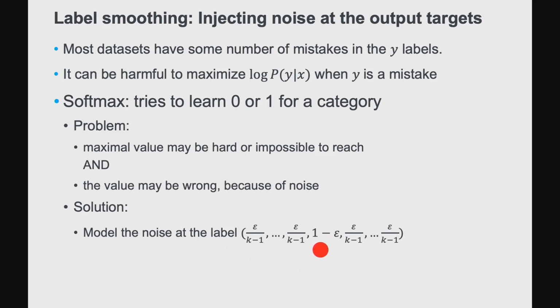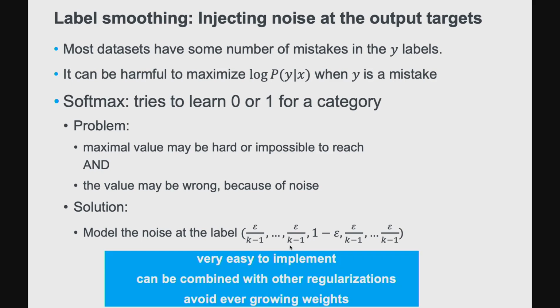So when someone says it's a cat, don't say there is a 1 here and a 0 in the other places, but keep some noise epsilon and distribute this noise over all the other labels to basically express that with a very high probability of 1 minus epsilon, it's a cat, but with some other probabilities that are different from 0, it could be a dog or a car or something else. So you don't push the training regime as hard to achieve an unachievable objective. And it's very easy to implement.